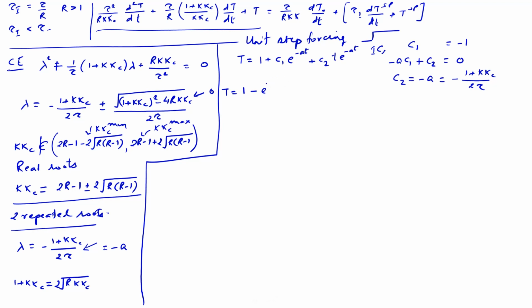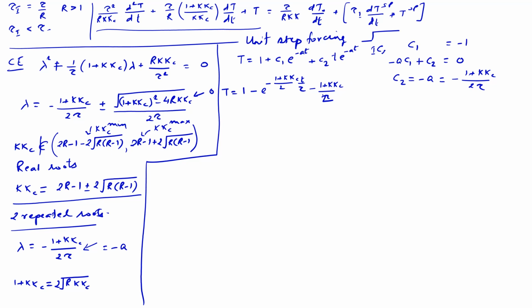So e to the power minus 1 plus kkc divided by 2 times t by tau, and the other term is going to be minus 1 plus kkc divided by 2.